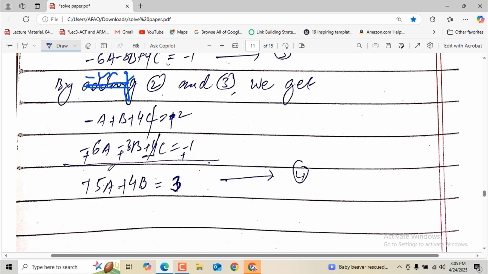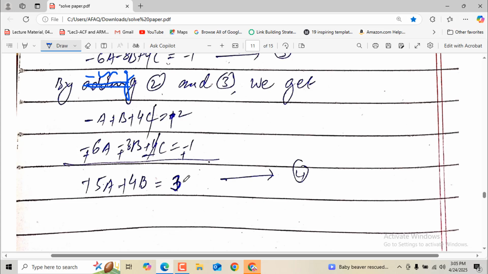When we subtract, the sign will be changed, negative becomes positive, positive becomes negative. So 5A + 4B, and 4C is cancelled by -4C; -1 turns into +1, so it is equal to 3.